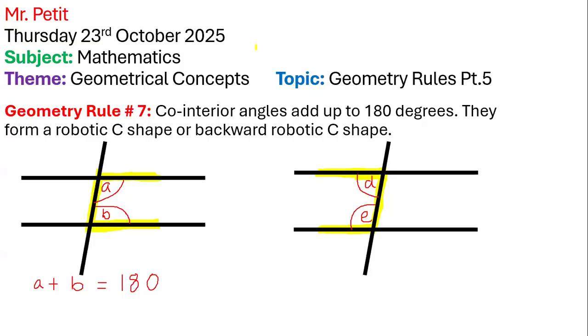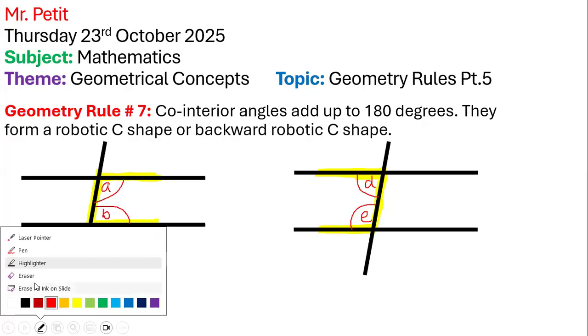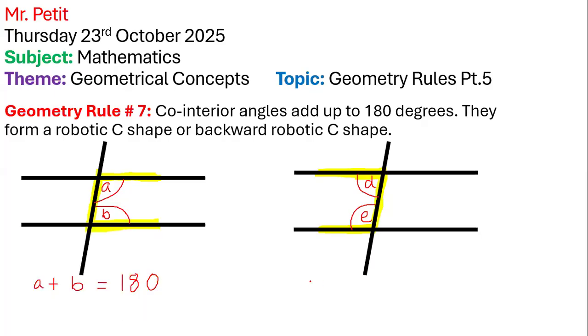All right. So that means that D plus E, not A plus B, D plus E is equal to what? 180 degrees.